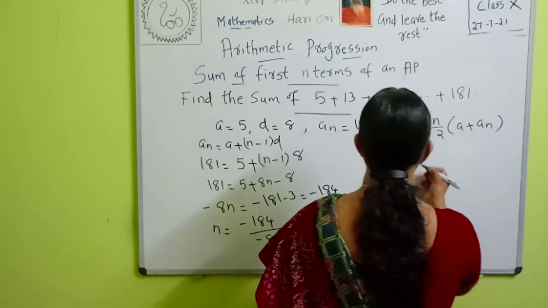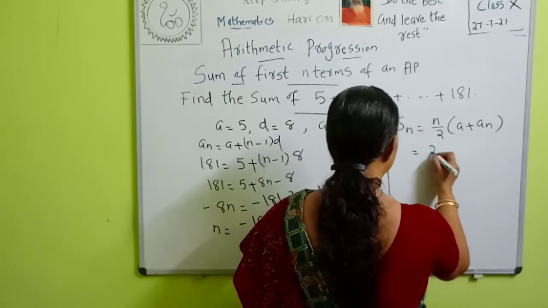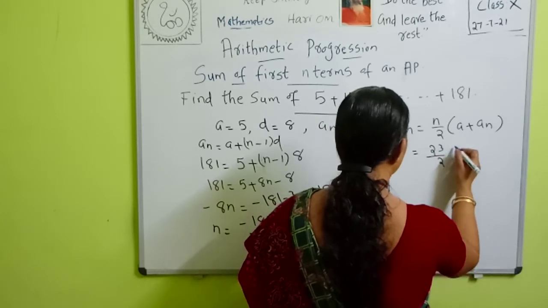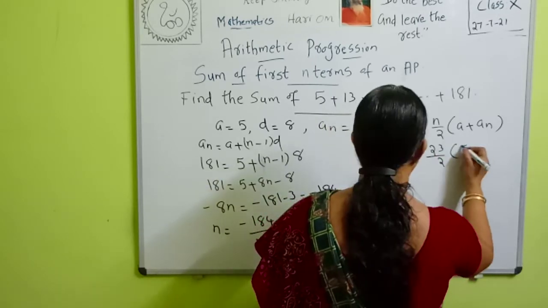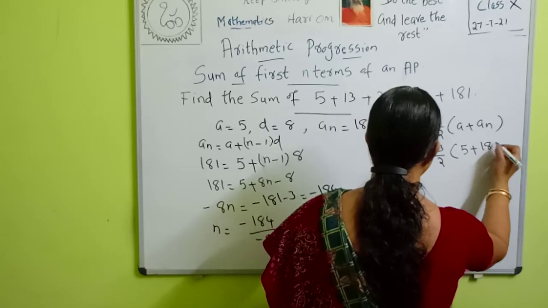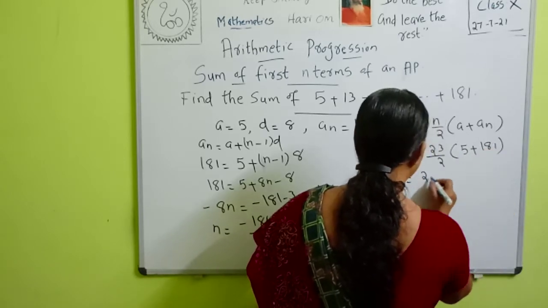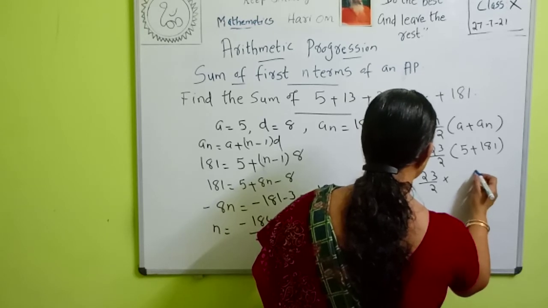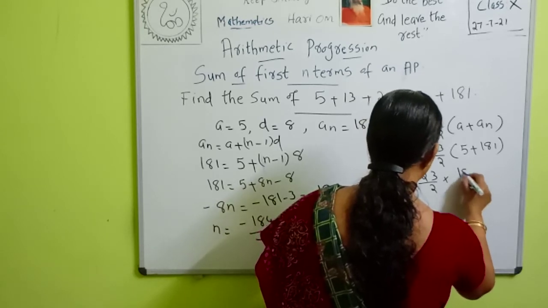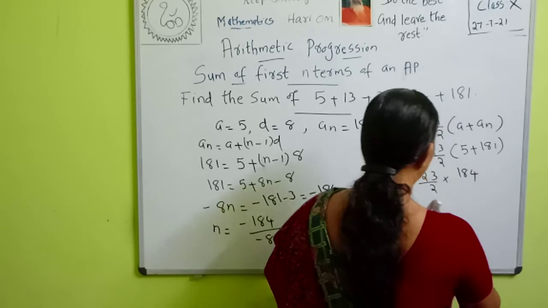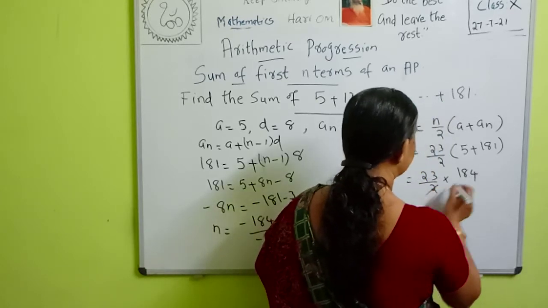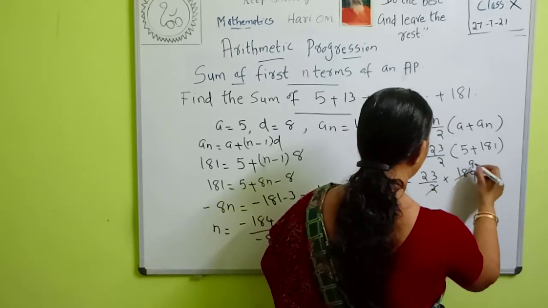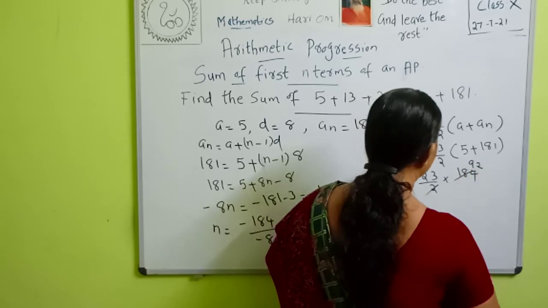Here n is 23. 23 by 2 into a is 5, 5 plus 181. So it is equal to 23 by 2 into 184. We can cancel this. That is equal to 92.